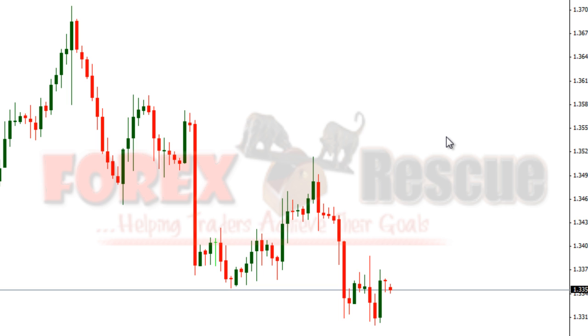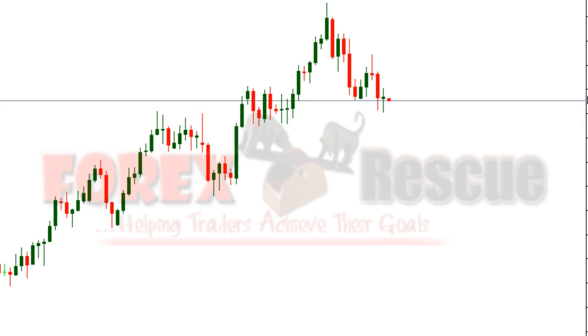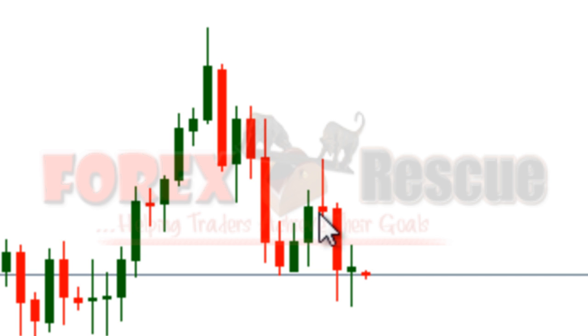Already on the daily time frame, you can spot the formation of a bearish pin bar, or what we call a doggy. That is on the daily time frame. You can see it here, doggy here. With this in place, we'll be looking for other reasons to short this pair.